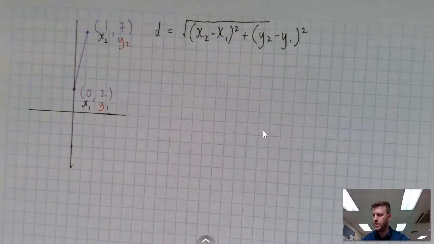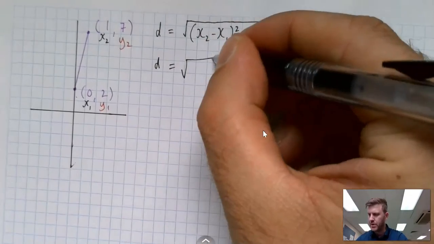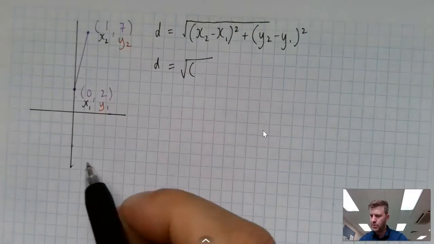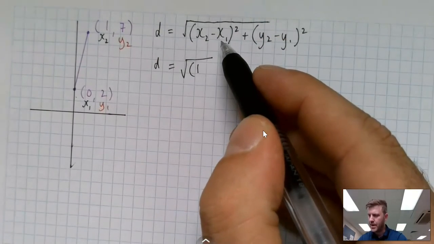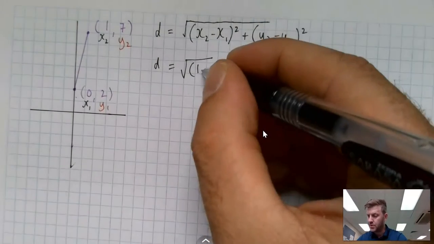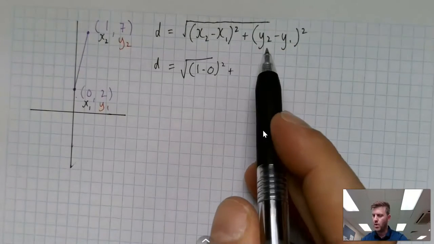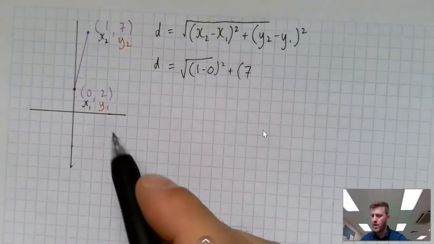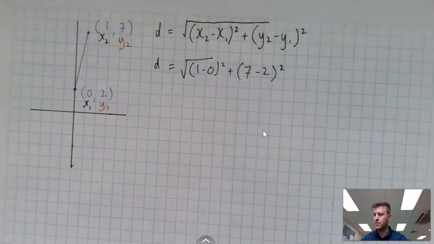Okay? So let's go ahead and do that. Distance is going to be equal to, again, square root of, let's just keep it short, x2, which is 1, minus x1, which is 0, all squared, plus y2, which is 7, minus y1, which is 2, again, all squared.